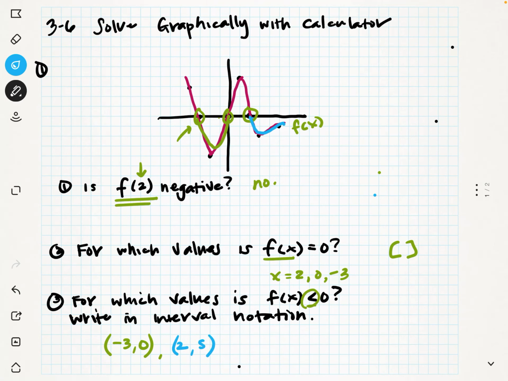Okay, again, we're going to use the parentheses because, well, actually, take that back. At the end here at 5, that's a point. And it ends there, so we're going to use brackets. The 5 is actually still below the line, so we're going to use the bracket instead of the parentheses. Because at 5, our graph is still less than 0, if that makes sense.